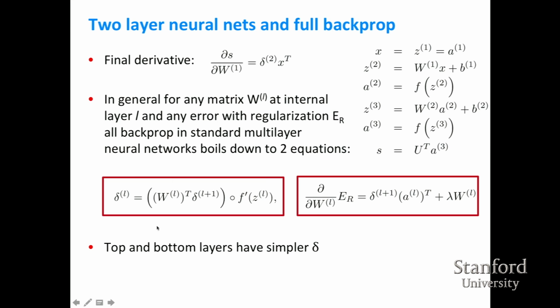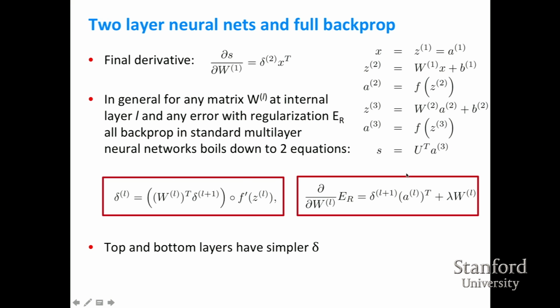You will, in the end, always arrive at these two equations. If you want to compute the error signal that's coming in to a new layer, then you'll have some form of W of the higher layer transposed times the error signal that's coming in there, Hadamard product with element-wise derivatives of f, namely f prime.